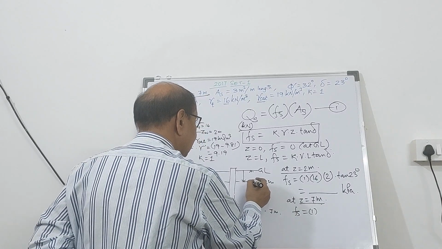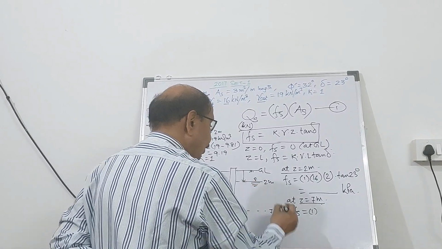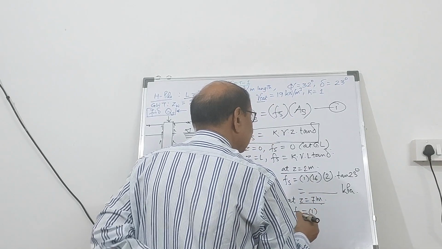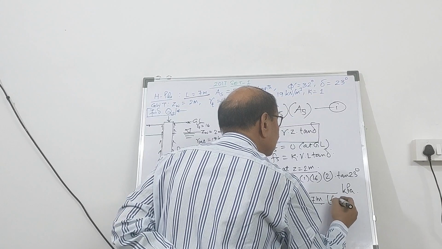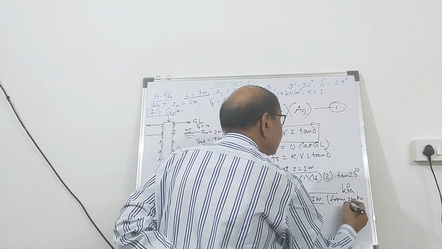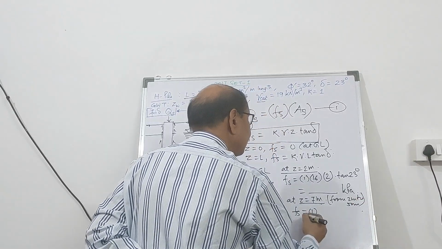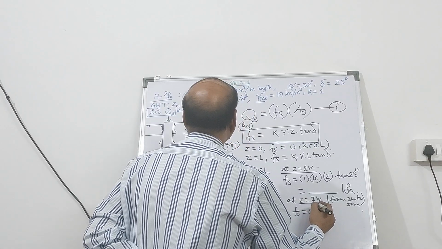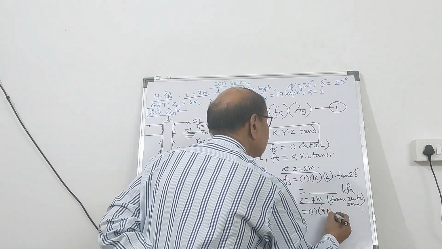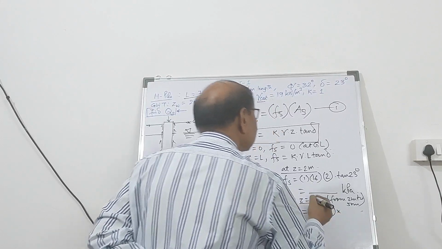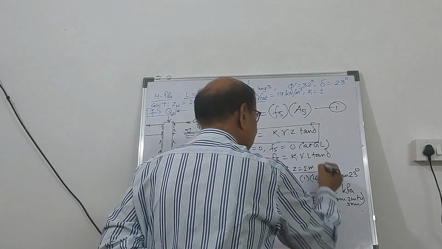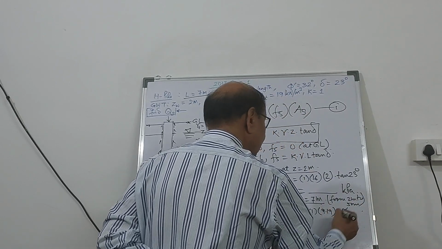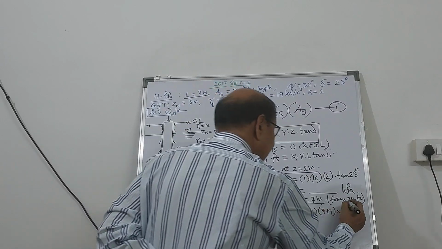Because it is under the groundwater table, therefore from 2 to 7 meter, the value of Fs will be K equal to 1, gamma prime 9.19, and the length of the pile is going to be L minus Z, that is 5 meter, from 2 meter to 7 meter.